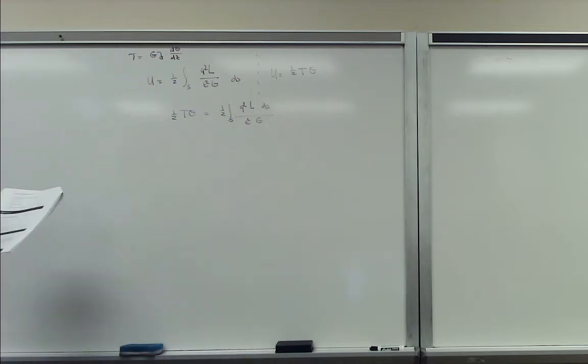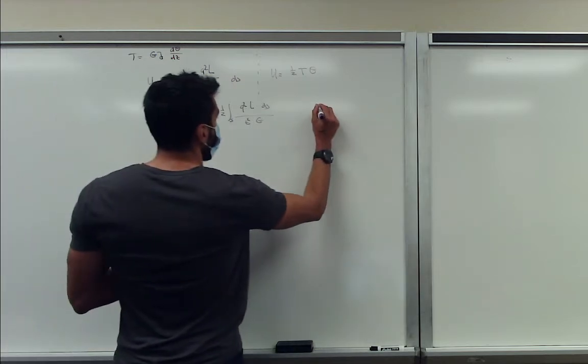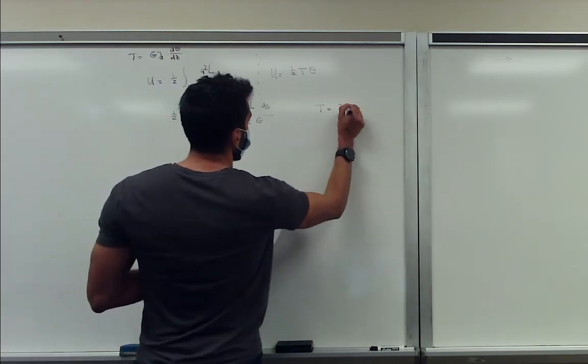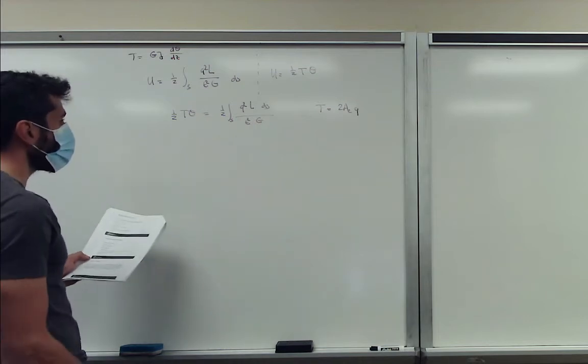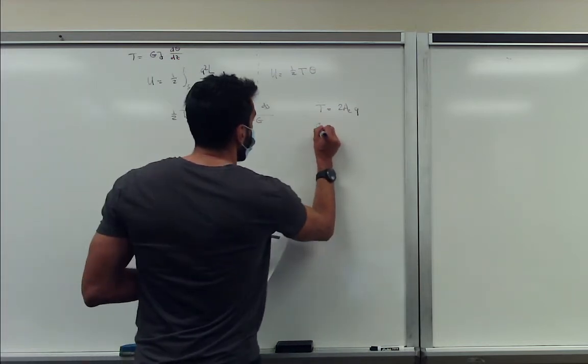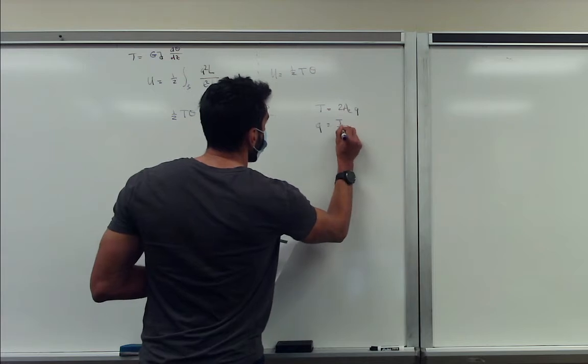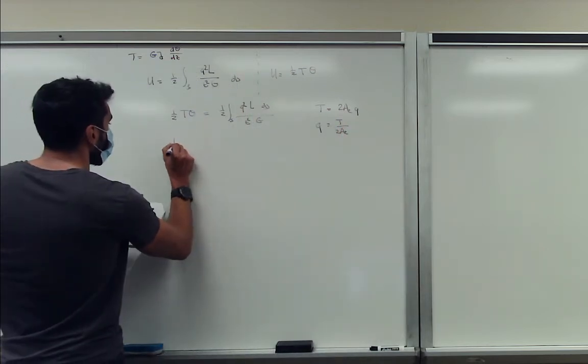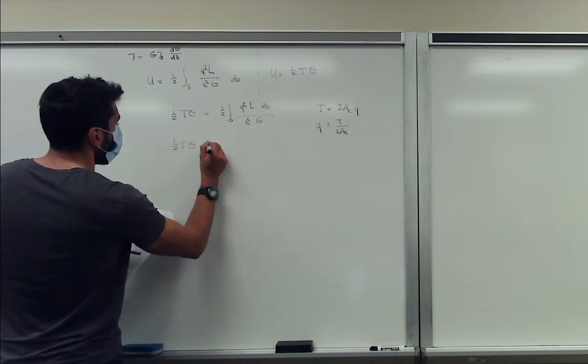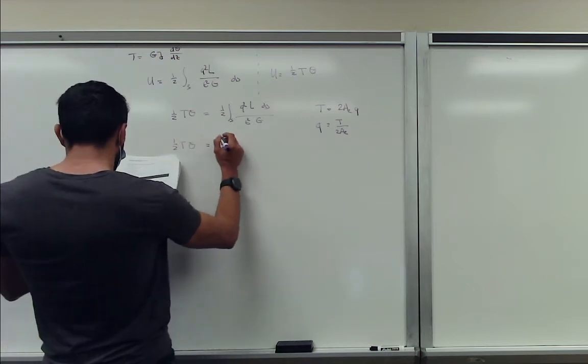G. And now we use that T is equal to 2 times the enclosed area Q. So Q is T over 2A. So we plug that back here. So the left hand side remains the same.